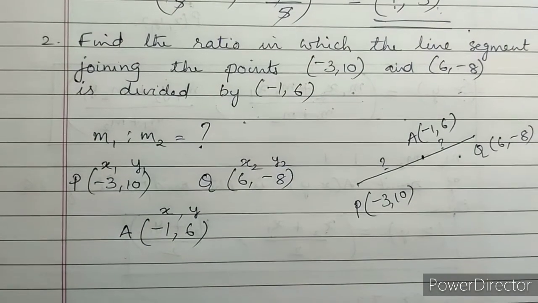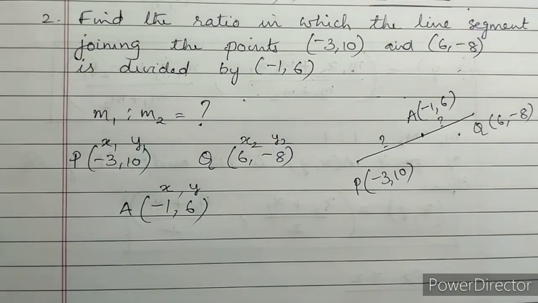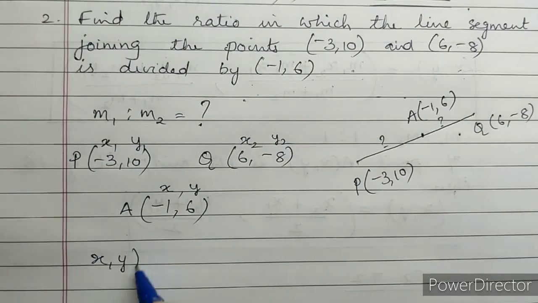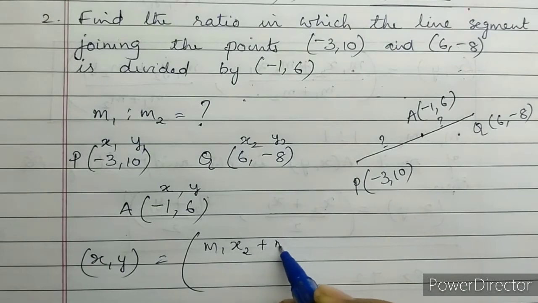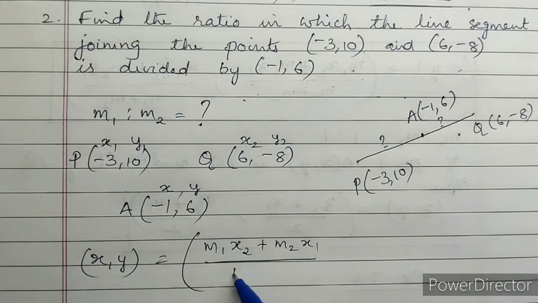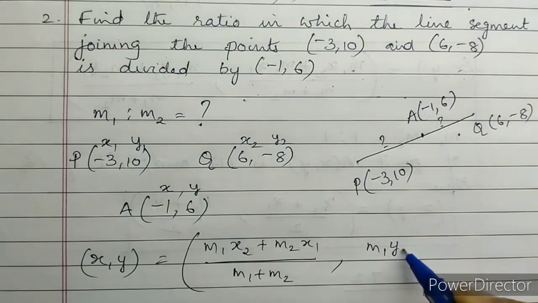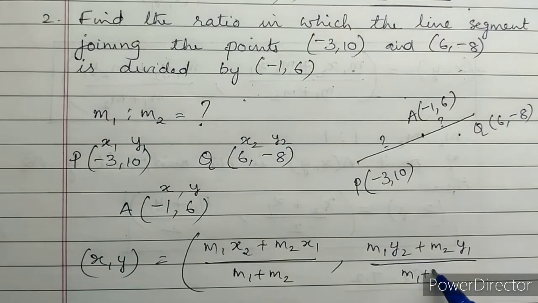You can use the section formula. Write the formula first. So that is (x, y) equals (m1 x2 plus m2 x1) by (m1 plus m2), comma (m1 y2 plus m2 y1) divided by (m1 plus m2). So the formula also we wrote.